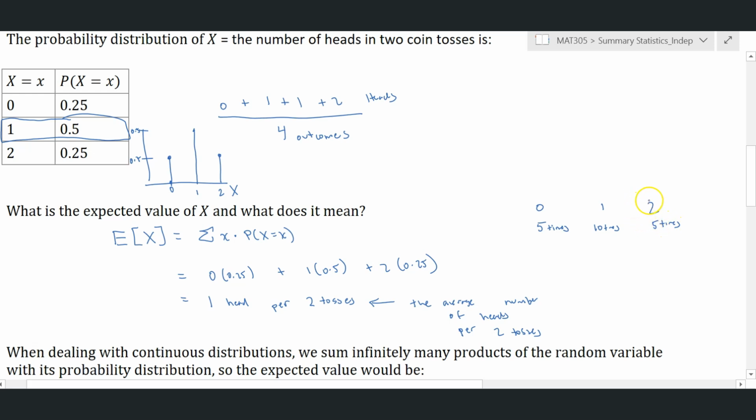Well, then if you added up the total number of heads that you got, here you got 0 heads, here you got a total of 10 heads, and here you got a total of 10 heads. And now you took the fact that you ended up with 20 heads total, divided by the number of times you repeated this experiment. That would be 20 heads in total divided by 20 times of tossing a coin twice. That would be one head per 2 tosses on average.